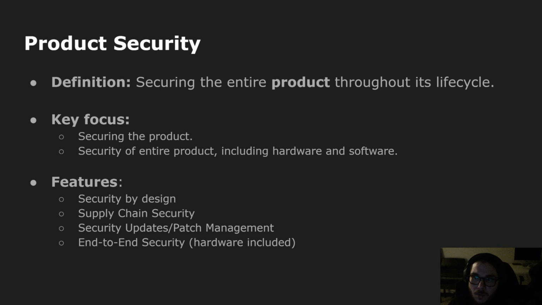So this means integrating security right from the product design phase, covering both hardware and software components. Supply chain security, managing the security of the supply chain, the different components, the third-party components, first-party components, the manufacturing processes, delivery mechanisms, just making sure they don't compromise the product integrity, the product security.